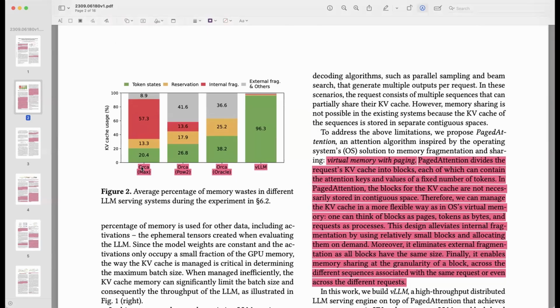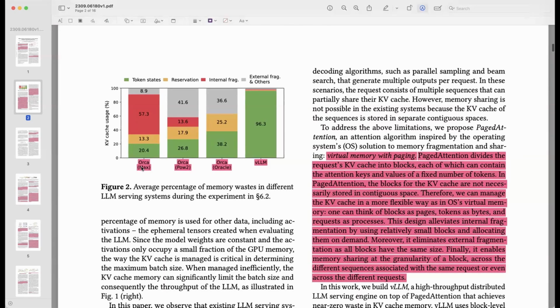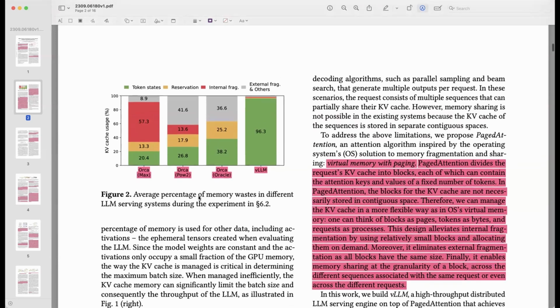But it is not open source. It's a closed system, so I'm not sure how it's implemented. But these guys implemented an equivalent version of Orca, and they compare vLLM against it to show how memory efficient it is.